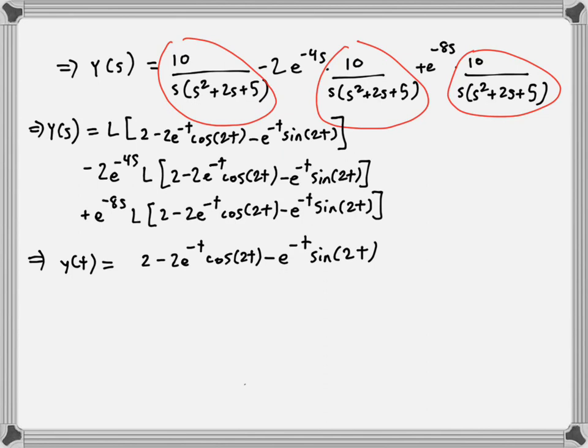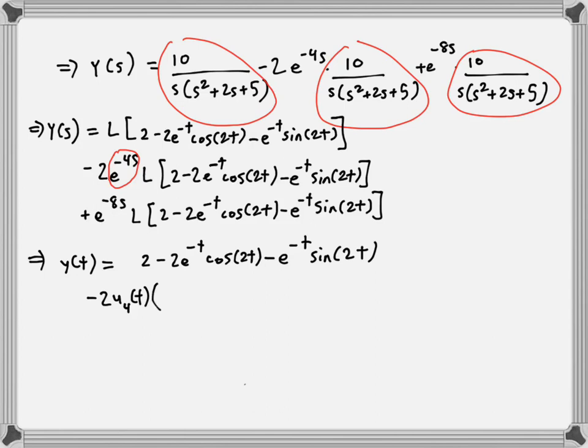And now, how do I apply the Laplace inverse to this next part? I need to use the second shifting theorem again because I've got this e to the negative 4s being multiplied by it. I know that's going to become the unit step function at 4. So it's going to be minus 2 times the unit step function u4 of t. And then what am I going to have in there?